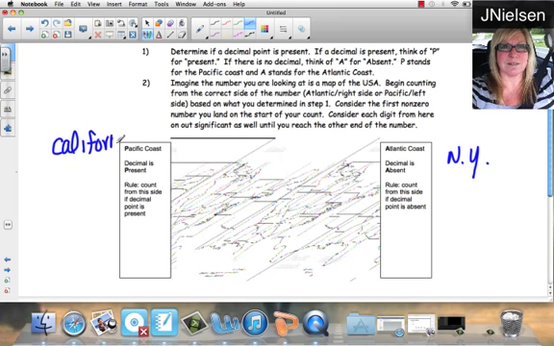So long as you know that the Pacific Ocean is on the California side and the Atlantic Ocean is on the New York side, you can use this rule. So let's talk about how we do that. I'm going to put some values here.